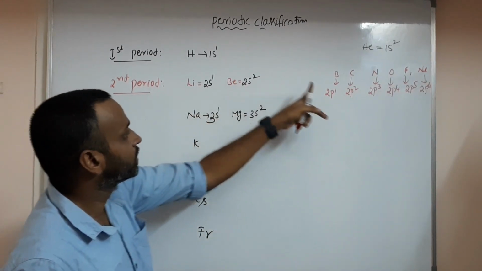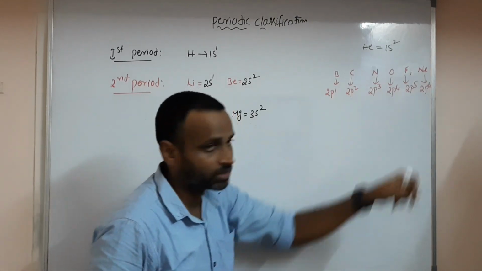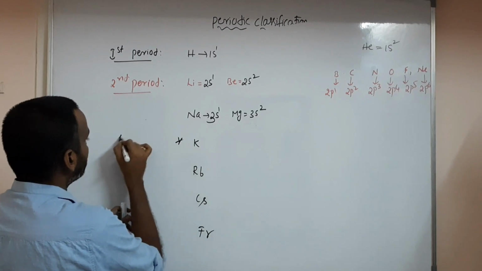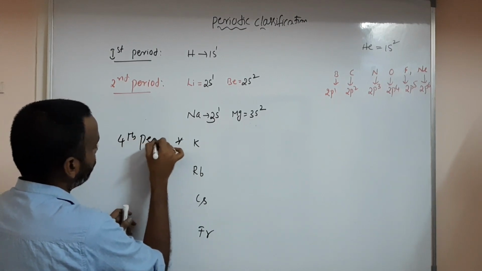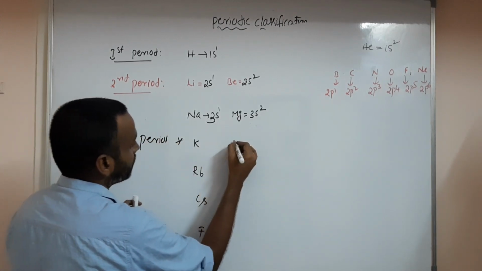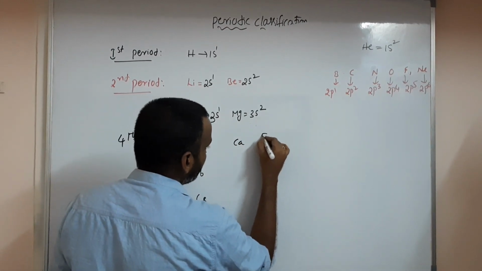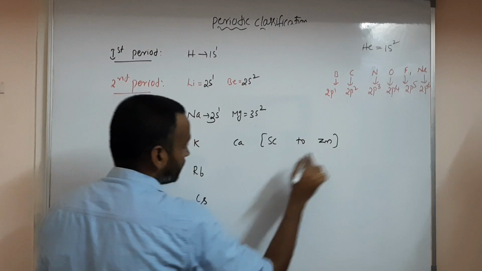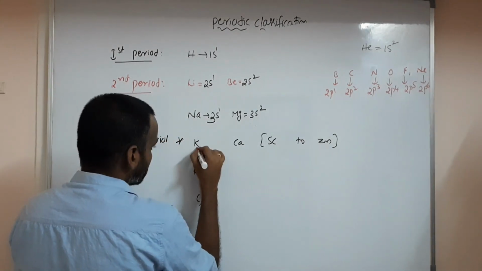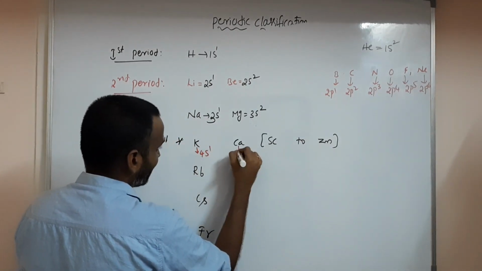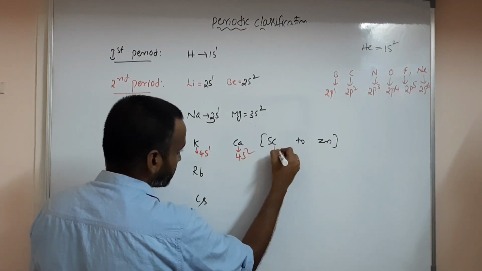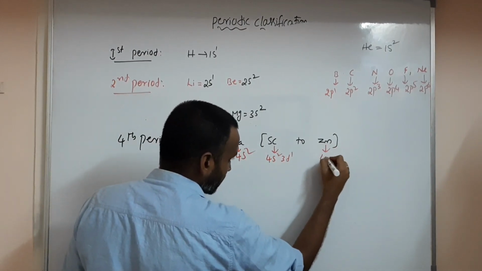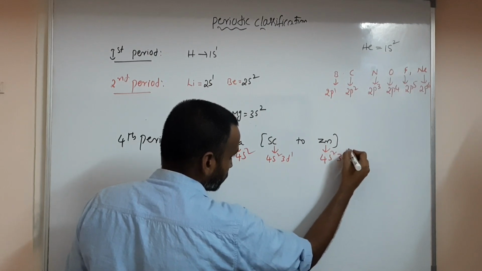8 groups? No, because from the fourth period, after potassium and calcium, there will be elements from scandium to zinc, 10 elements. Potassium is 4s1, calcium is 4s2, scandium is 4s2 3d1, and zinc is 4s2 3d10.